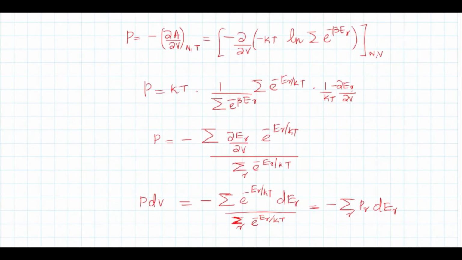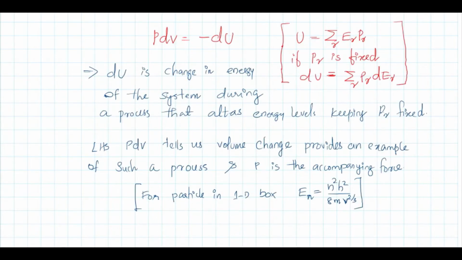So the left hand side is PdV, the right hand side is sigma R PR DER. That is nothing but the average energy. Why? Because if you have a quantity like energy and the probability of finding the system in that energy level, then average energy is sigma R ER PR.